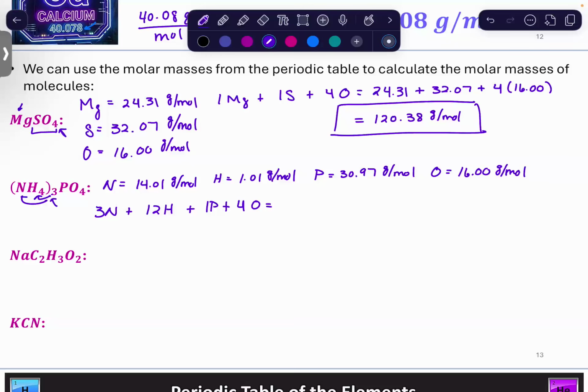And that's going to be 3 times 14.01 plus 12 times 1.01, plus the 30.97 for phosphorus plus 4 times 16. So the molar mass of ammonium phosphate is 149.12 grams per mole.